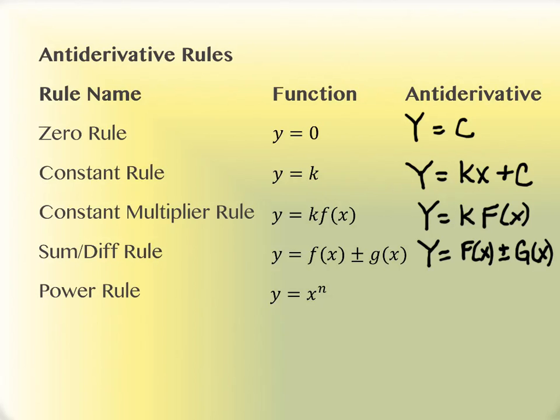Now the power rule is the first one that you actually need to think about with me, okay? Think about the power rule back for derivatives. What did we do when we had x to the n? Okay, let me take the first word you just said. You used the word multiply. So the opposite of multiplication is division. We're going to do some division on this problem. And what did we multiply by, Brooks?